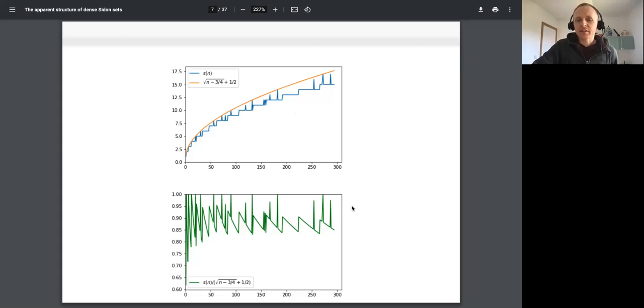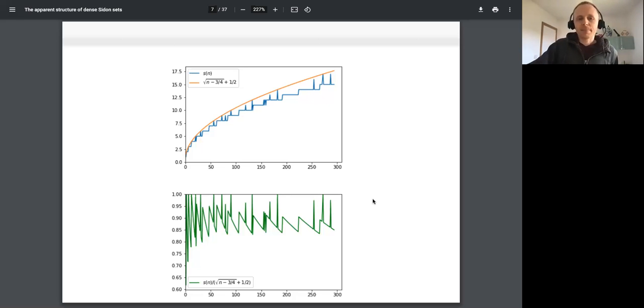And as I said, the lim sup is 1. So infinitely often it will spike up and hit 1. But it really looks to me from this plot that the lim inf is significantly less than 1. It looks like it's no more than 0.85 or something. But even that's very unclear.